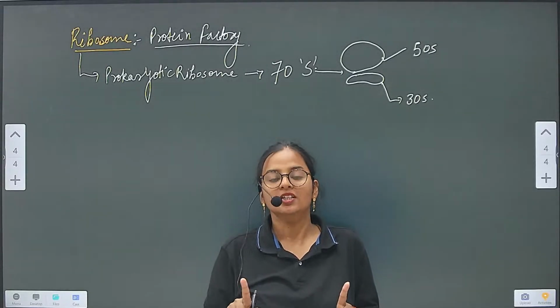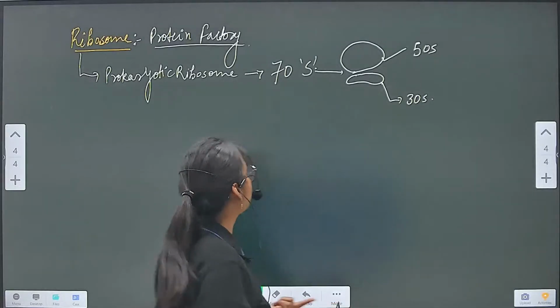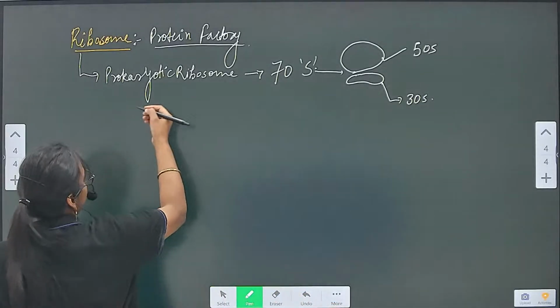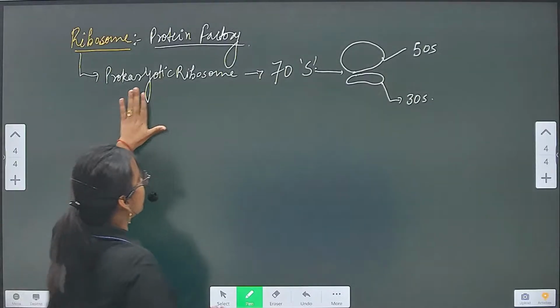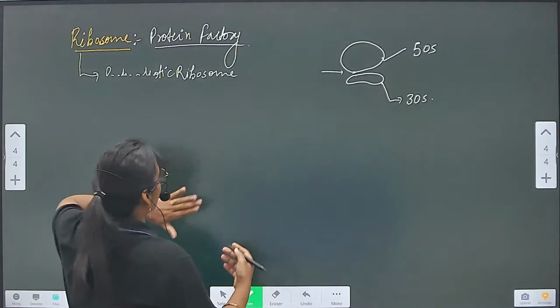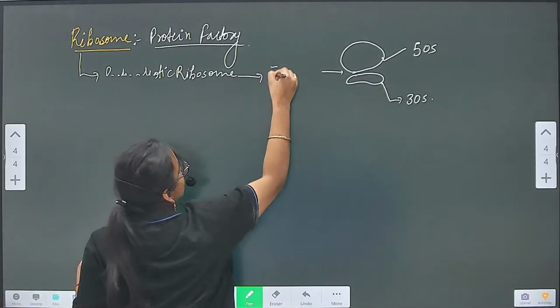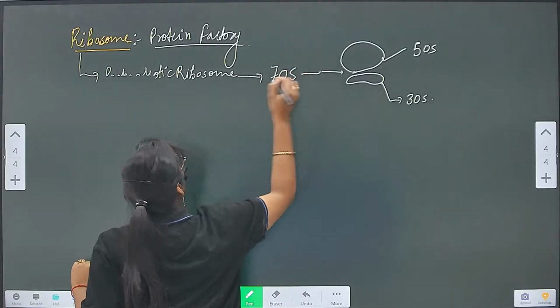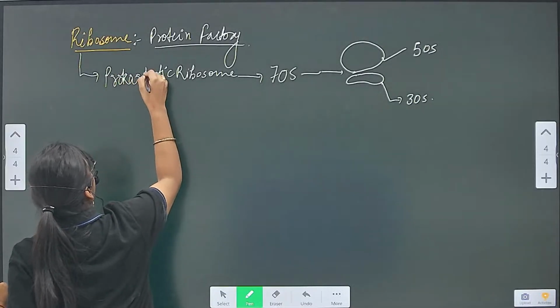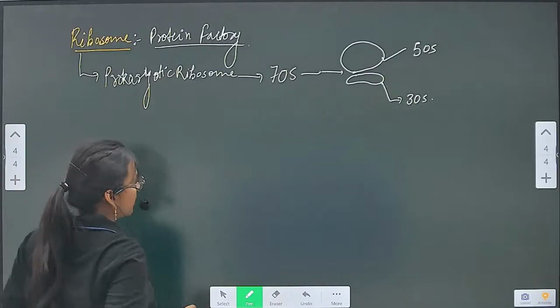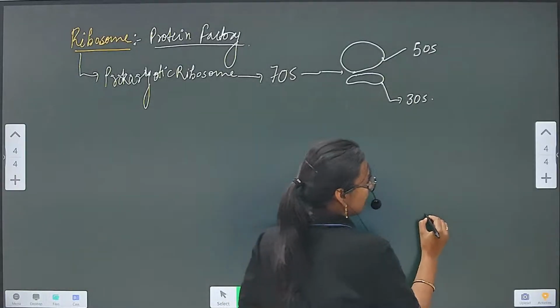No. The eukaryotic ribosome, let us discuss separately because we are now discussing prokaryotes. So in prokaryotes we have 70S type of ribosomes. While in eukaryotes you will have 80S.